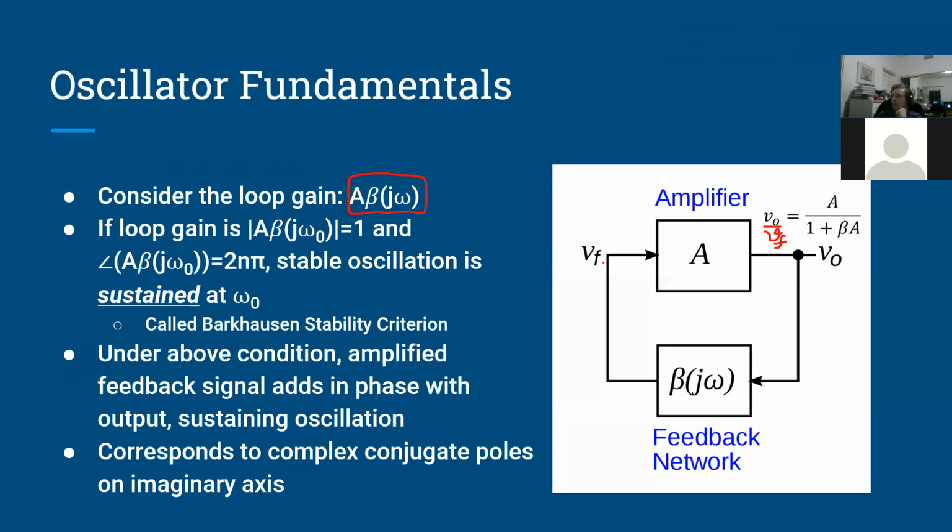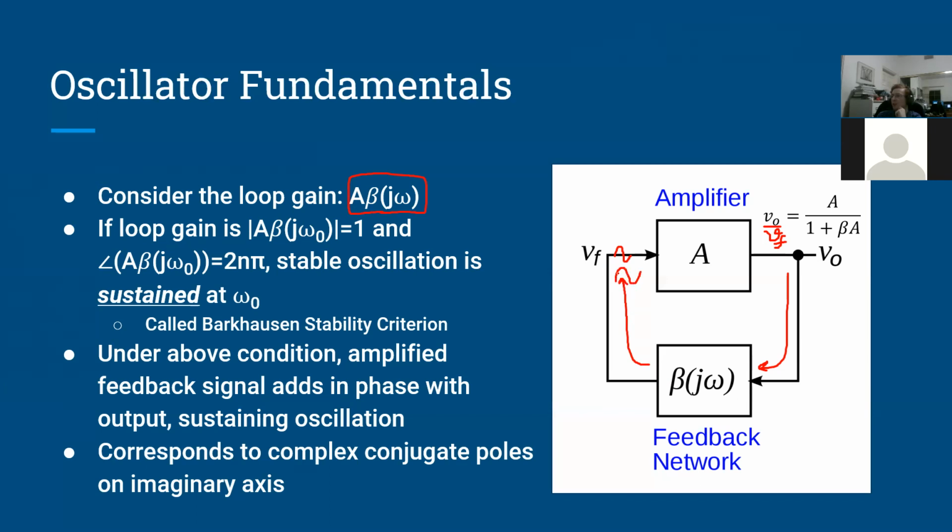What that represents is that if you imagine you have some signal on the input, you follow it as it goes into the amplifier, gets amplified by A, and then goes through the feedback path, where it gets multiplied by beta, and then it ends up back here. And you get some larger signal.